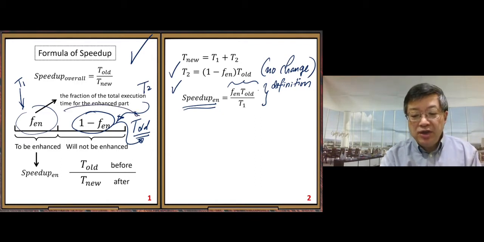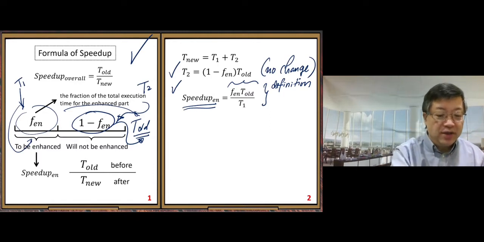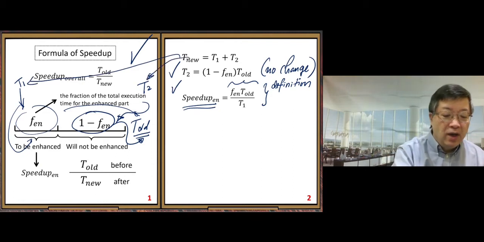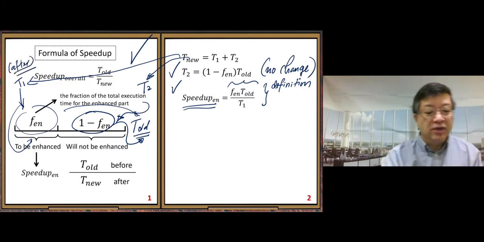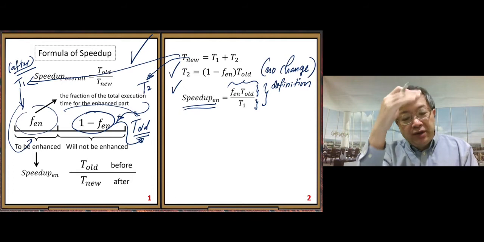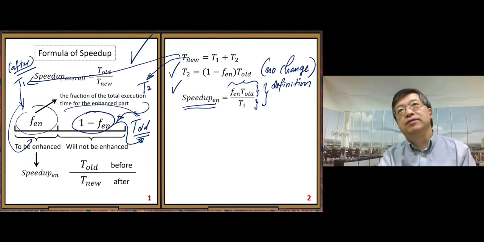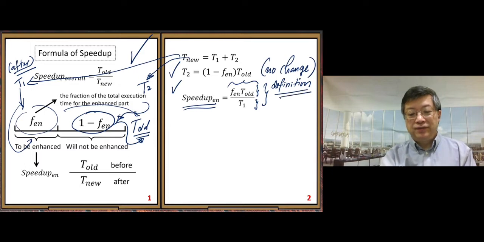And T1 is after enhancement. So that's why it is T old over T new with respect to the enhanced part. That's the definition. All right.